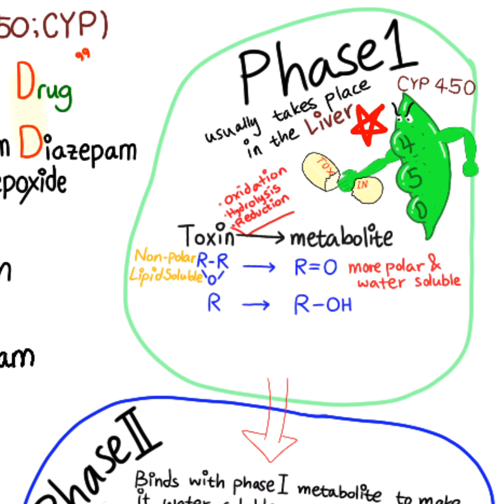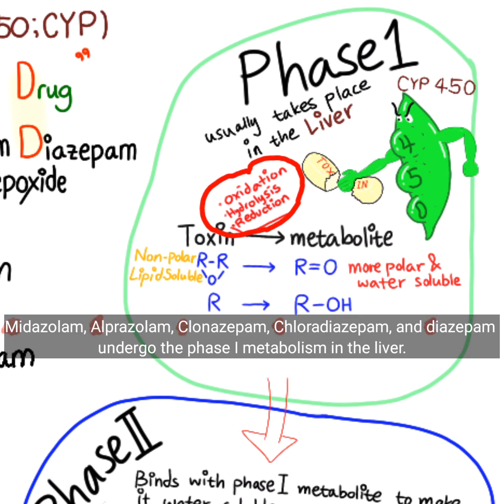Cytochrome P450 is the key enzyme in phase 1. These enzymes oxidize, hydrolyze, or reduce toxins into metabolites. In this process, a toxin or drug is made more polar and water soluble.